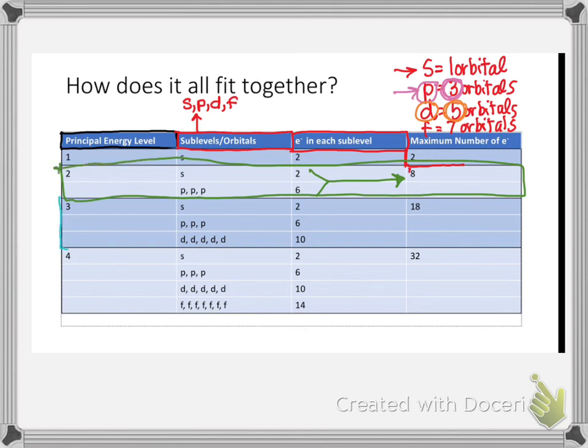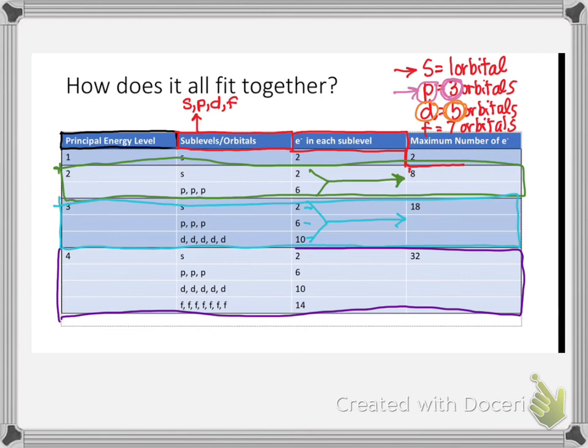The third level is S, P, and D, and if you add all these together, the third level can have 18. The fourth level, which has S, P, D, and F, and anything after the fourth level would have the same as this. If you add up all of these numbers, you always get 32. That's the maximum electrons in that particular level.